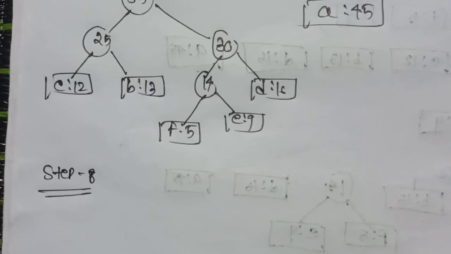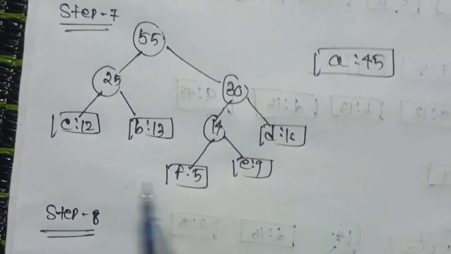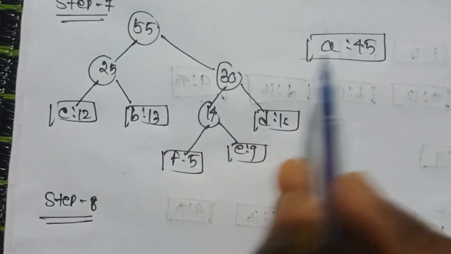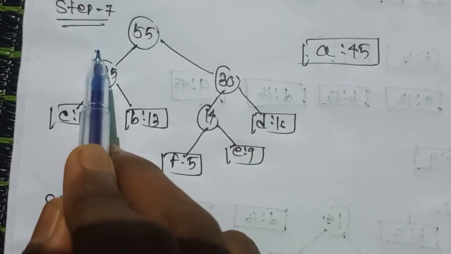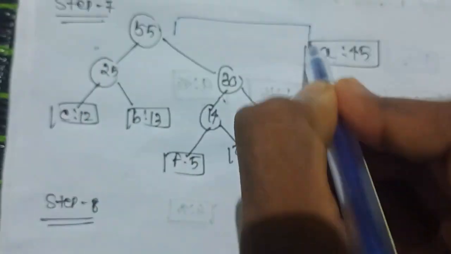So here I directly write this, because when we rearrange again in step number 8, this comes to this position, the 8th position. Then we have to add these two.